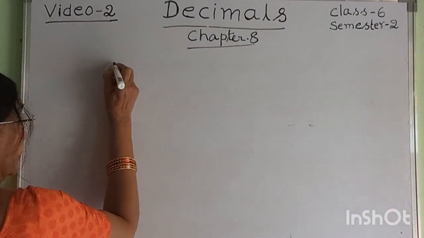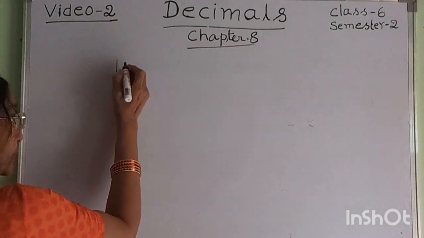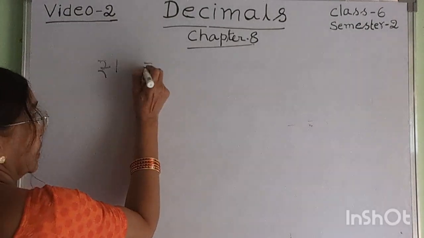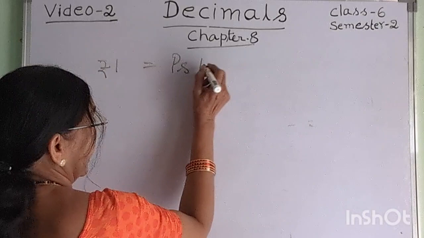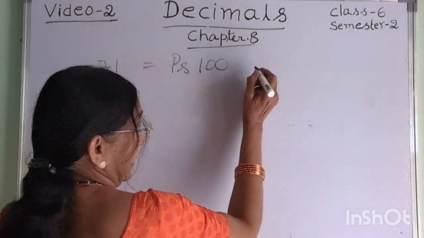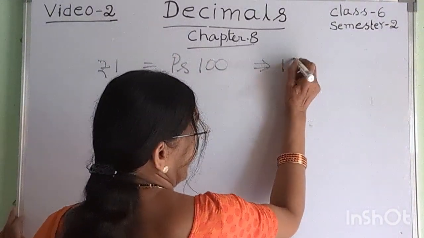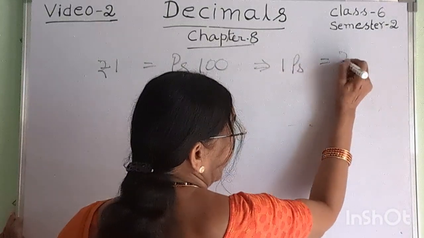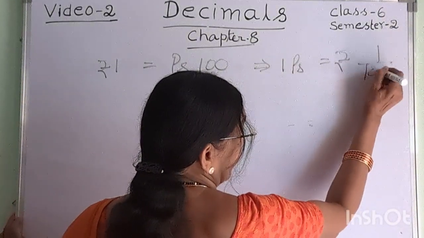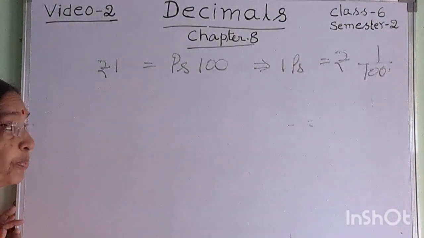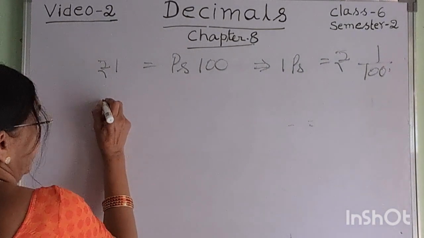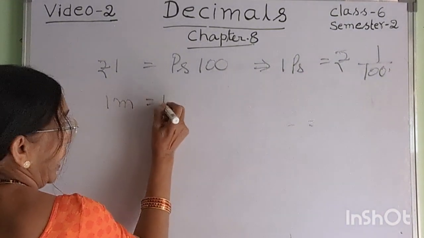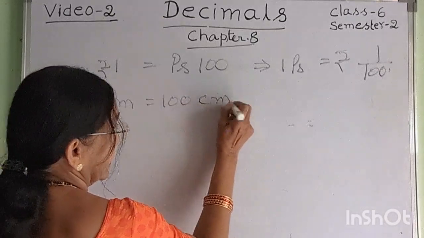So 1 rupee is equal to 100 paise. Therefore, 1 paise is equal to 1 by 100 rupee. 1 meter is equal to 100 centimeters.